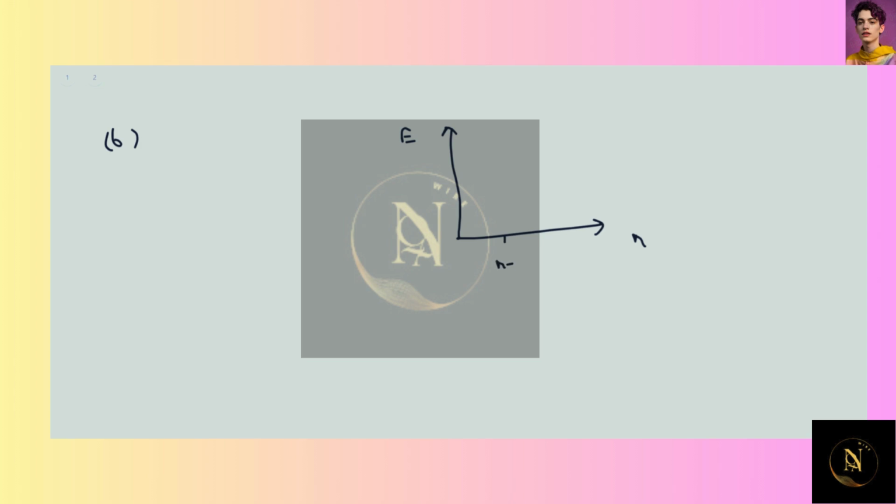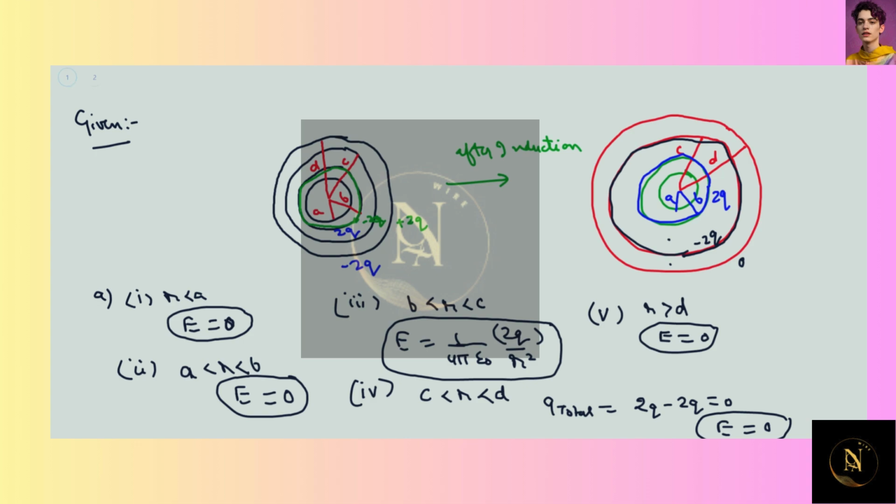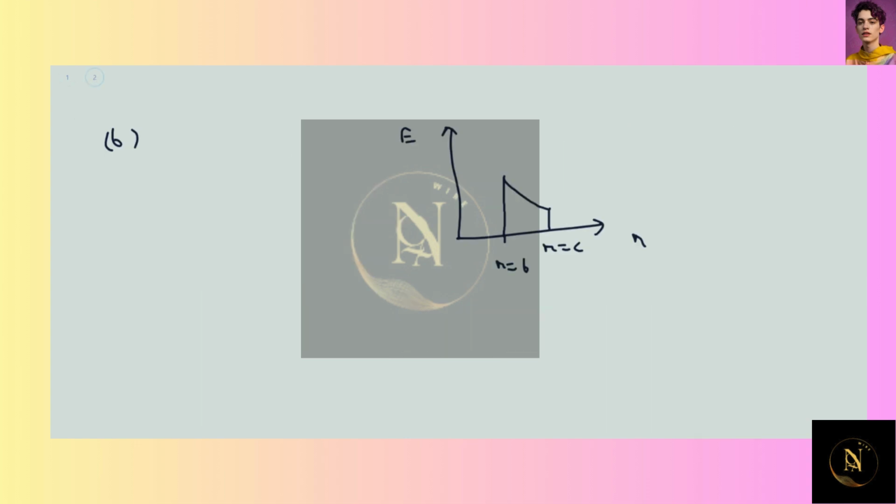At r equals b, we have electric field going inversely proportional to r squared, and this is till r equals c. There is no electric field greater than c, and there is no electric field less than r equals b. So that's your graph for E versus r, because we have 1 over r squared, that's why we have this graph.